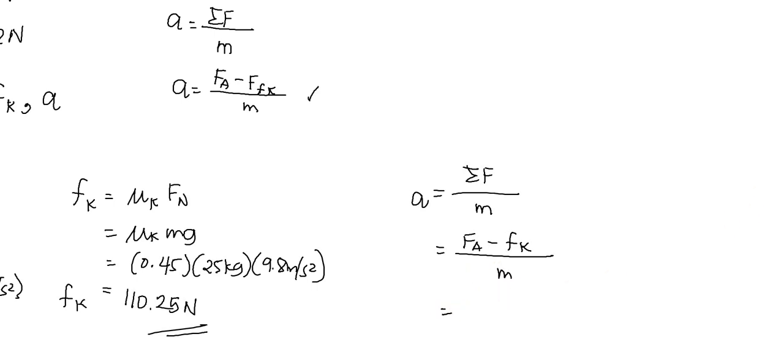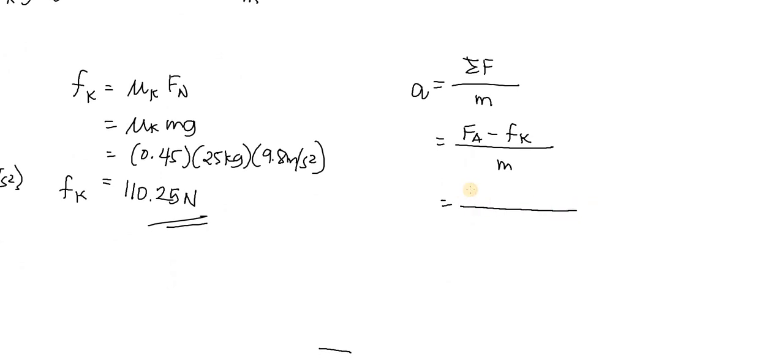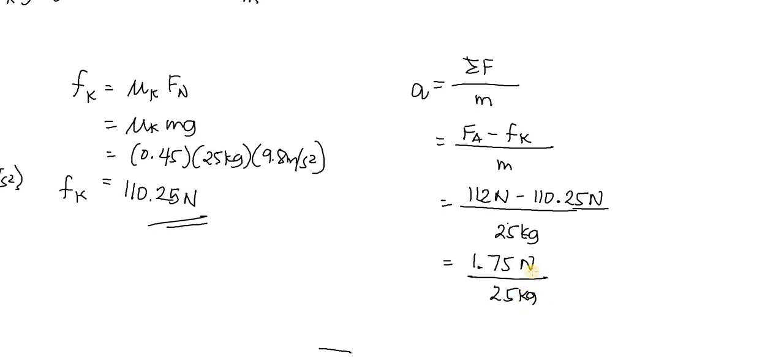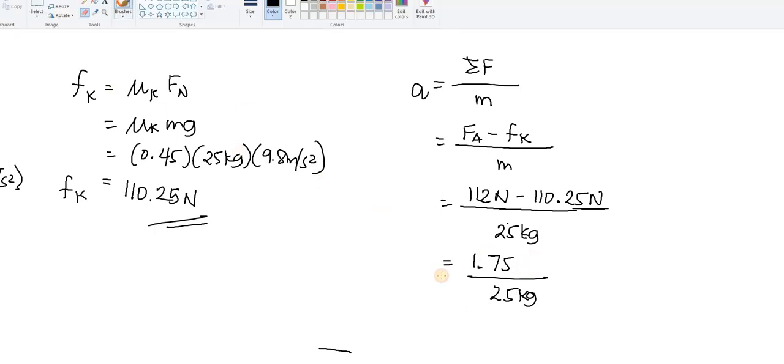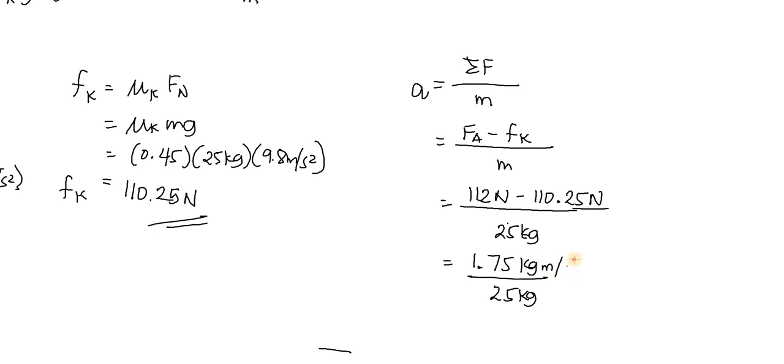So we have the applied force, 112 Newton, minus 110.25 Newton, over the mass of 25 kilograms. On top you have 1.75 Newton over 25 kilograms. Newton can be replaced with the MKS unit, kilogram meter per second squared.